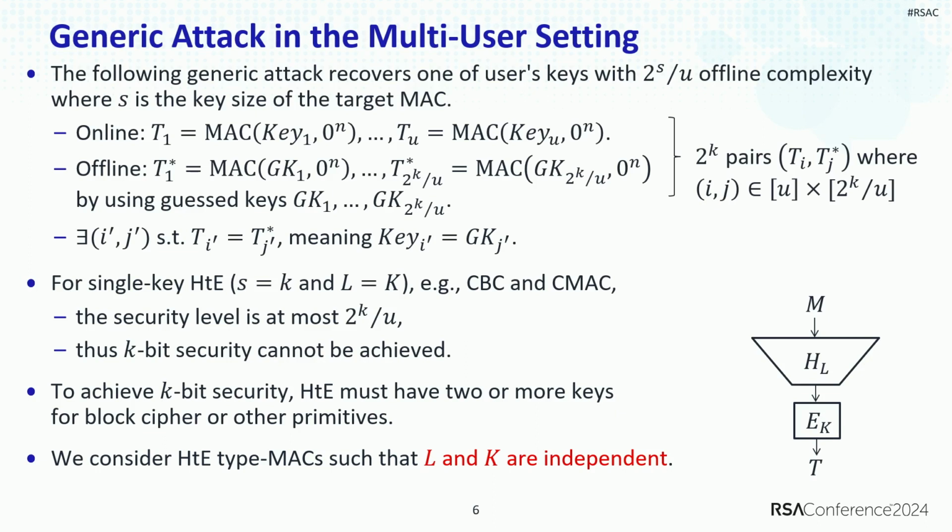So the K-bit security, which is ensured in the single user setting, cannot be achieved in the multi-user setting. To achieve K-bit security, HtE must have two or more keys for the block cipher or other primitives. So we consider HtE type MACs such that the hash key capital L and the block cipher key capital K are independent.